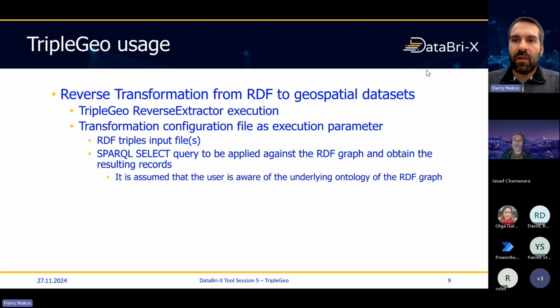And as for the reverse transformation, TripleGeo is executed with the reverse extractor parameter, and the configuration file is also provided as an execution parameter. In this case, we have one or more input files, RDF triples files, and also a SPARQL select query that is applied to the RDF graph, the constructed graph, and the resulting records of the select query are persisted in the defined output file type.